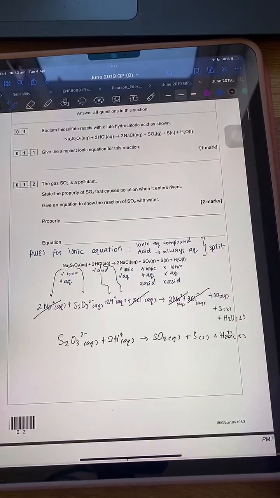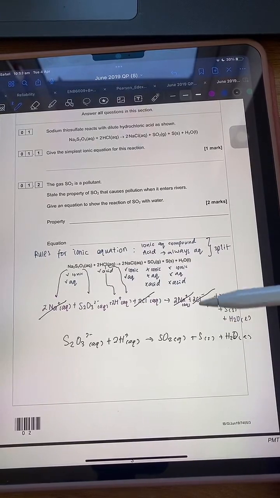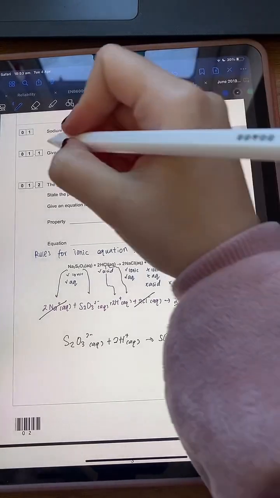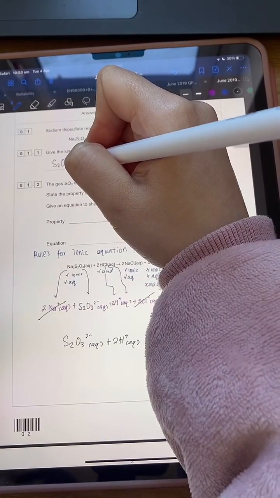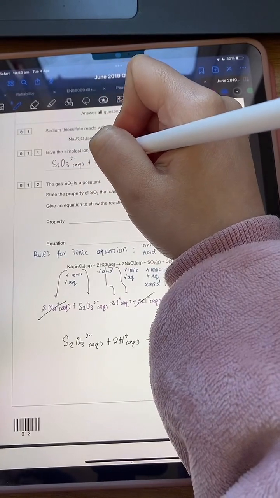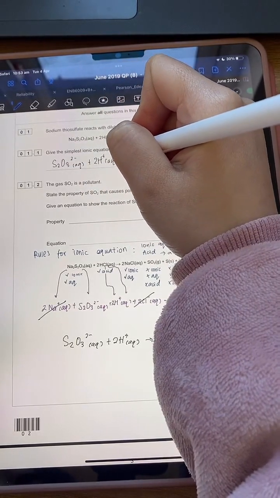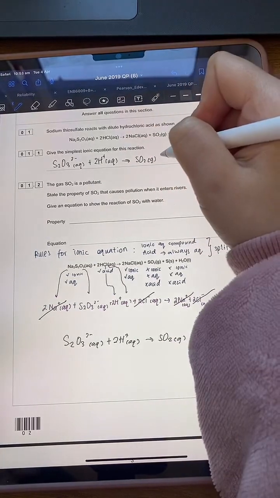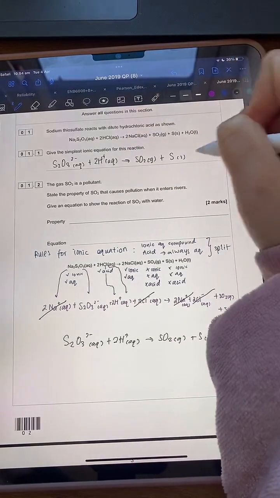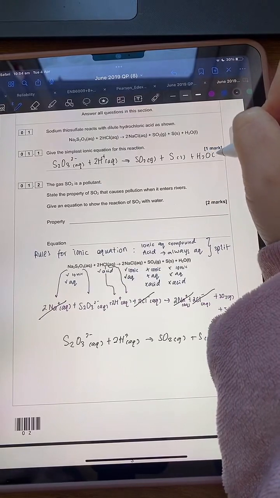That's how you do it. I know it's a little bit long, but once you get a hang of it, it's really simple afterwards. So we have here S2O3 2- aq, 2H+ aq, SO2 gas, S solid, H2O liquid.